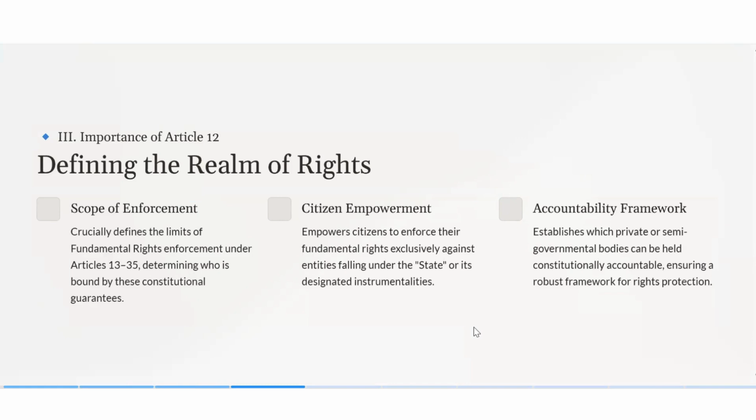Citizen empowerment: it empowers citizens to enforce their fundamental rights exclusively against entities falling under the state or its designated instrumentalities. Accountability framework: it establishes that private or semi-private governmental bodies can be held constitutionally accountable, ensuring a robust framework for rights protection.